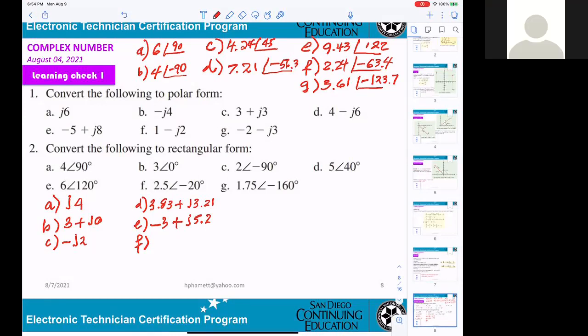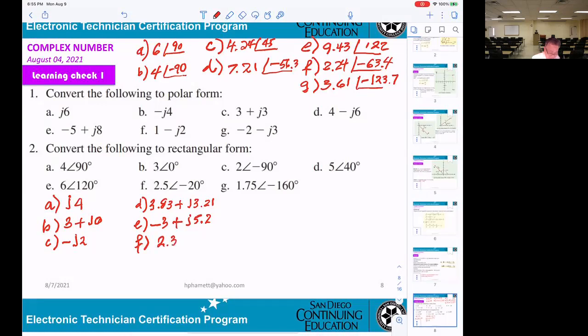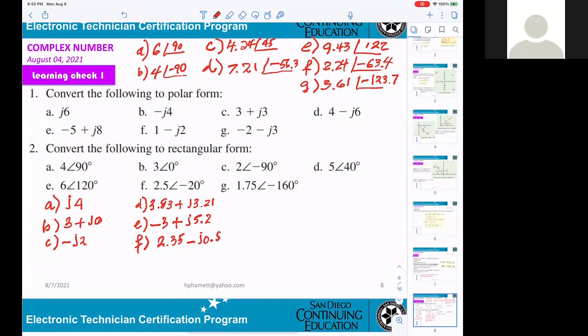F is 2.35 minus J0.855. Perfect. 2.35 minus J0.855. Yeah. Perfect.